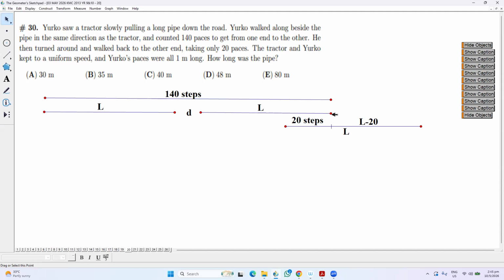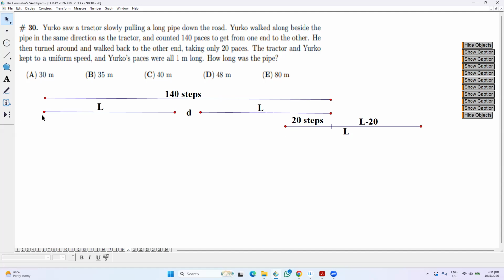Then he walked back. In 20 steps, he reached the end of the pipe. The pipe, this L, moved to here already. So this is the diagram to visualize.